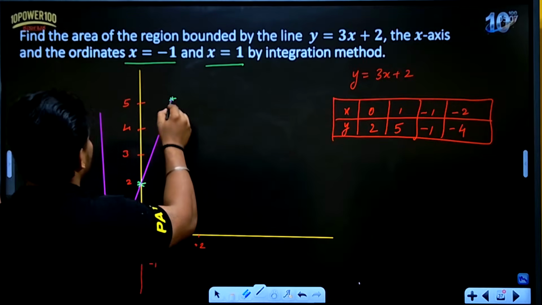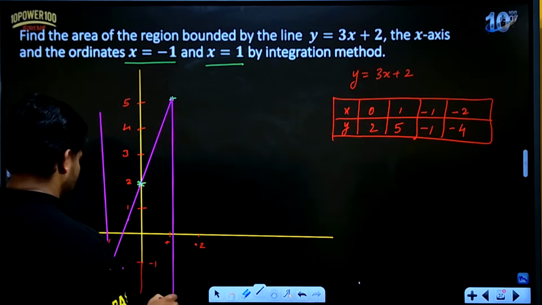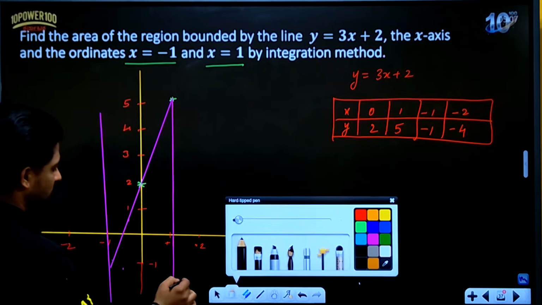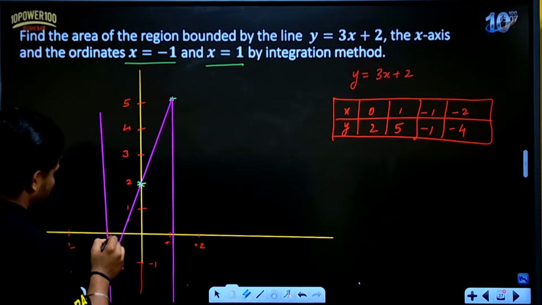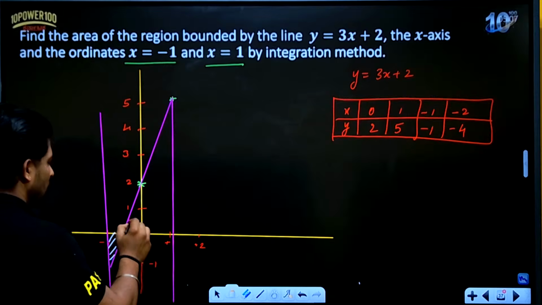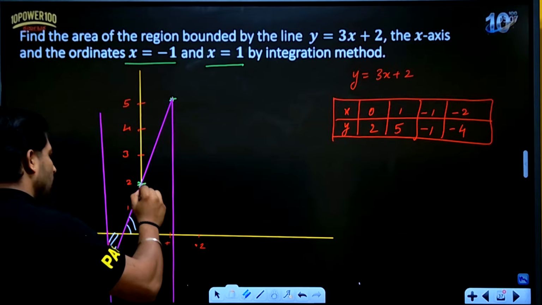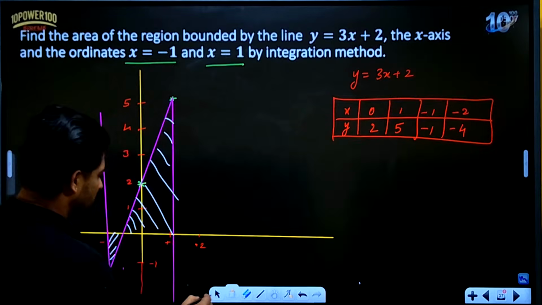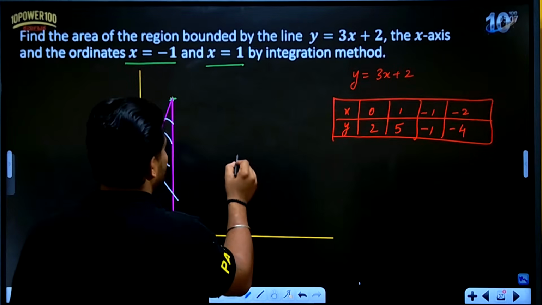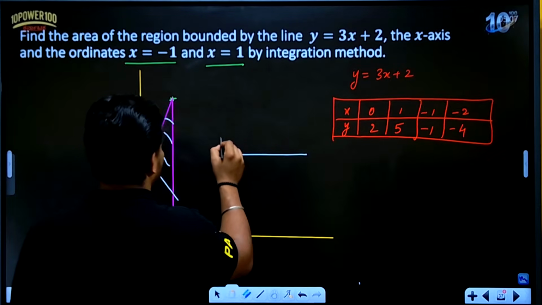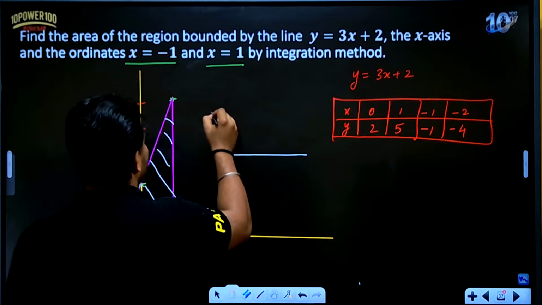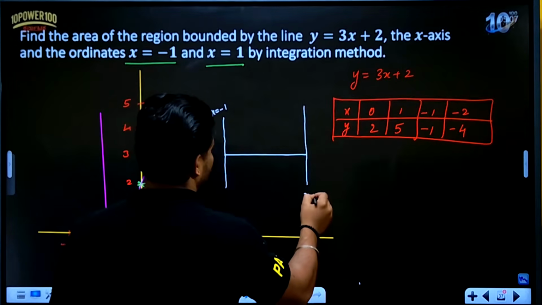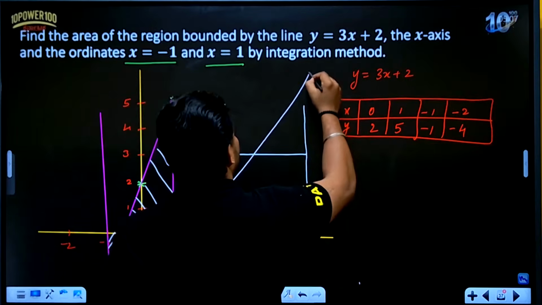My diagram is not so accurate, this is the reason. If I zoom this, it's actually like this. This is the x axis, this is x is equal to minus 1, and this is x is equal to 1.